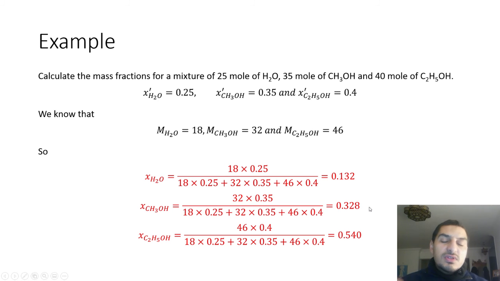So just to understand why the numbers changed between the mass and mole fractions, think of them as some sort of fruits. Water has a small molecular weight. Ethanol has a high molecular weight, so it's kind of like you have oranges here, and these represent cantaloupe, and this represents watermelon, for instance.